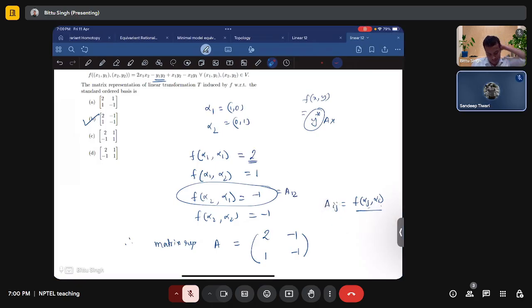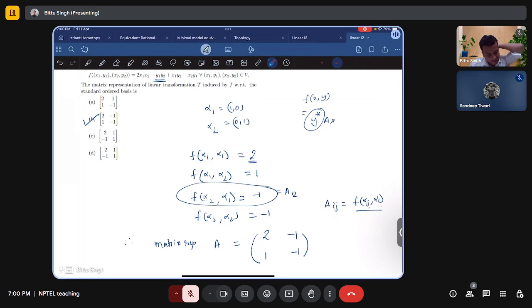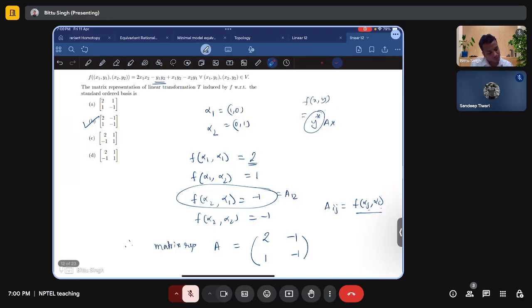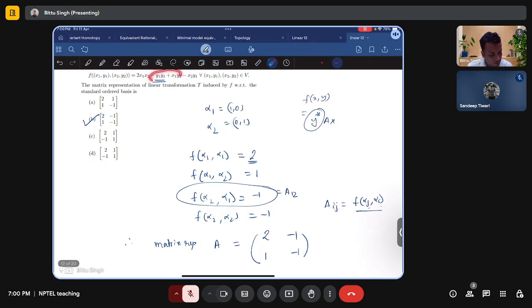If you define like that, then this may not hold, because if that is a symmetric form, that will hold. There will be no issue. But otherwise those two will be different. For example, here those will be different.